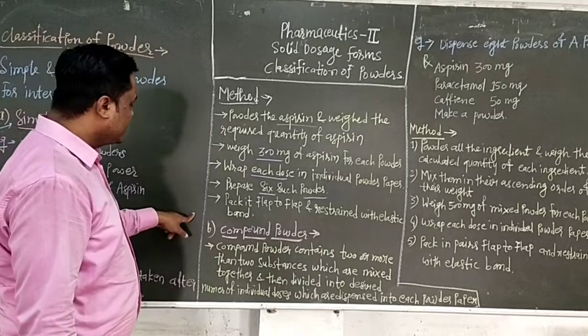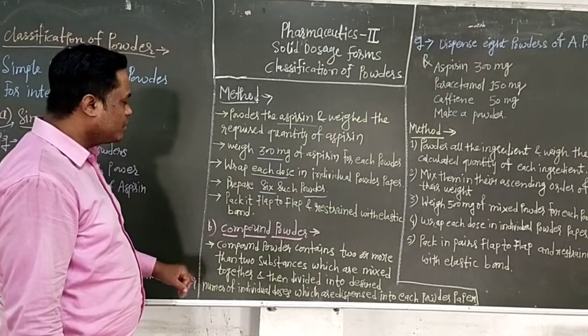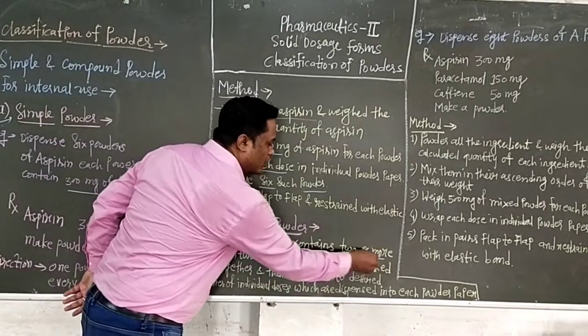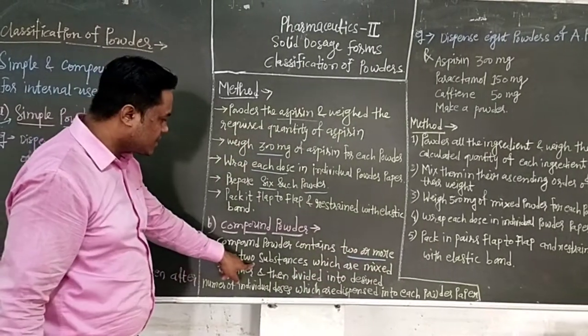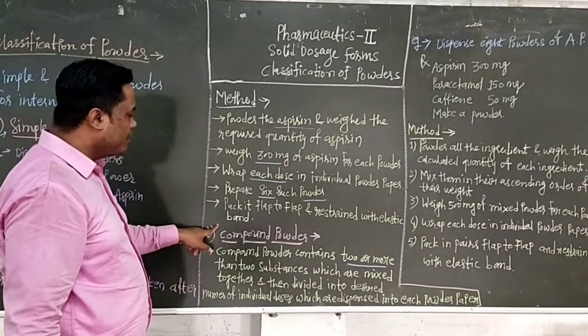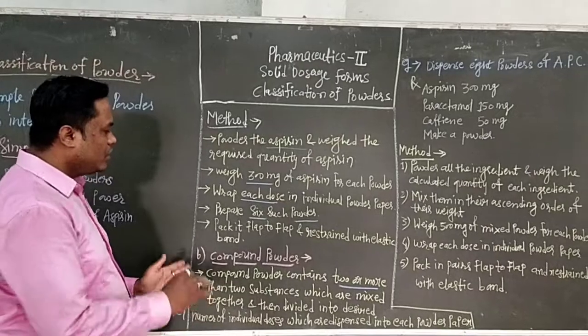Then next we see what is meant by compound powder. The compound powder contains two or more substances which are mixed together. It is called compound powder. Compound means more than one.